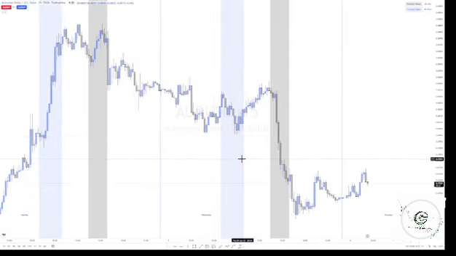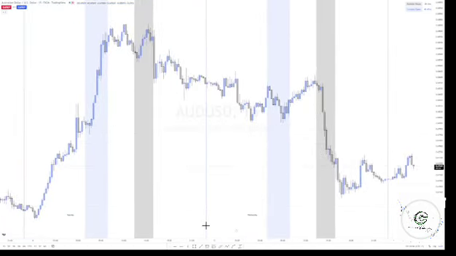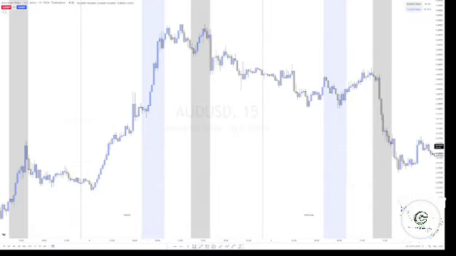Remember, the first thing we want to plot is our previous day low. This was the previous day low, right here. A previous day high. This was the previous day high here.